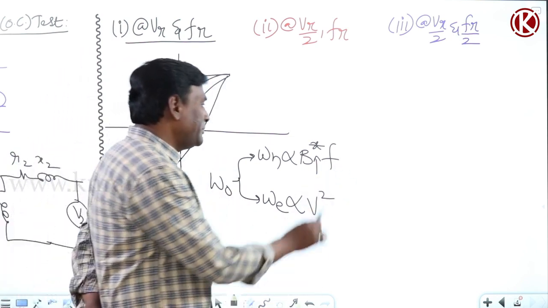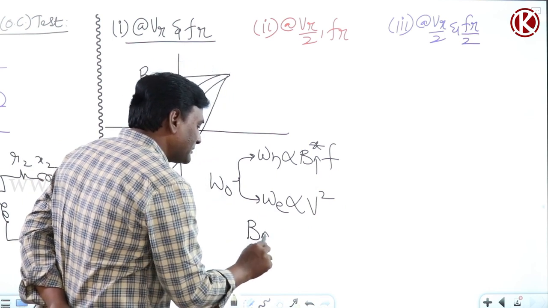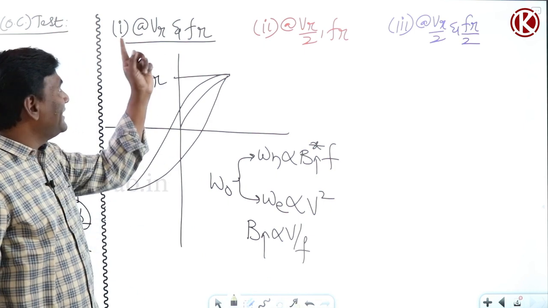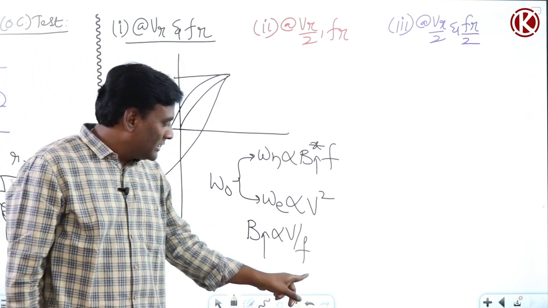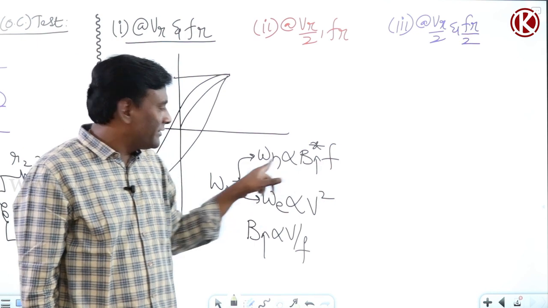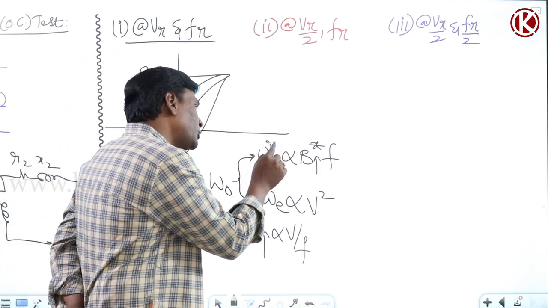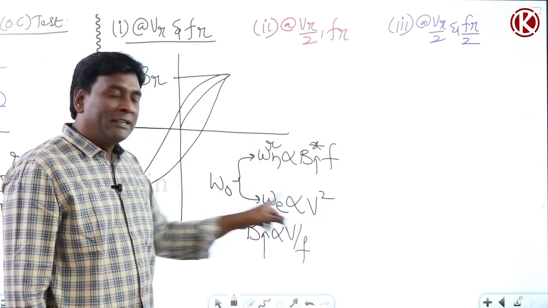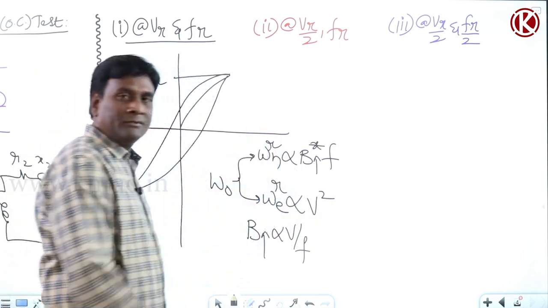Now what is Bmax? Bmax is directly proportional to V by F. So the moment it is rated voltage, rated frequency, we have rated flux density, and the hysteresis loss is going to be rated. Now, the moment you supply rated voltage, eddy current loss is also rated.